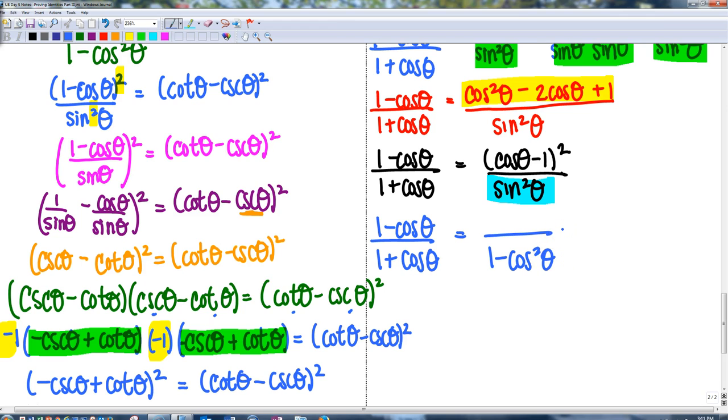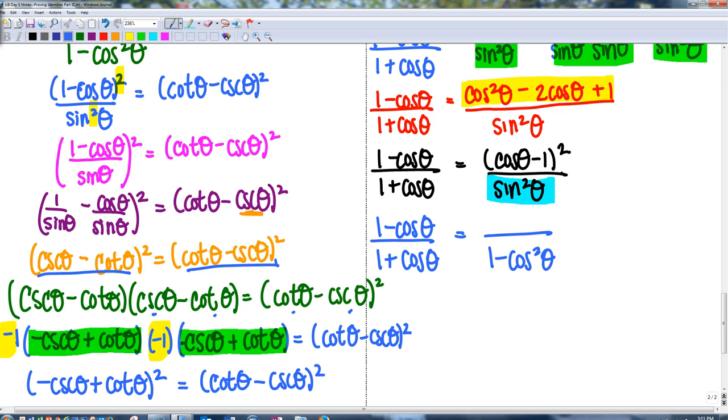All right, something else that I'm going to do just to help with our cancellation is just how we showed over here that cosecant theta minus cotangent theta squared is the same as cotangent theta minus cosecant theta squared.